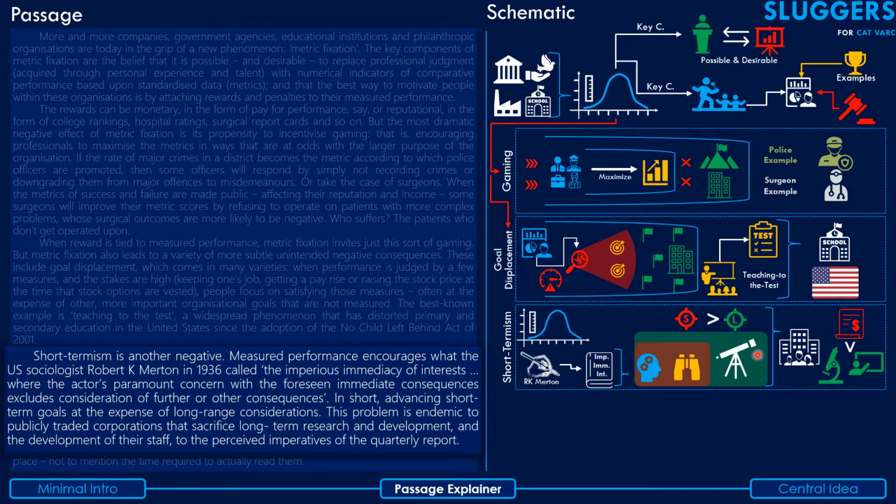And then he gives the example of publicly traded corporations here, for whom this problem is quite common, where on a regular basis they fail to invest so much time and resources in research and development or in training of their staff, which might be helpful to them in the long term.